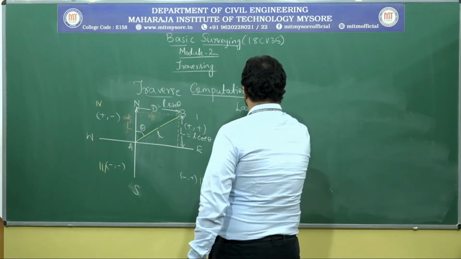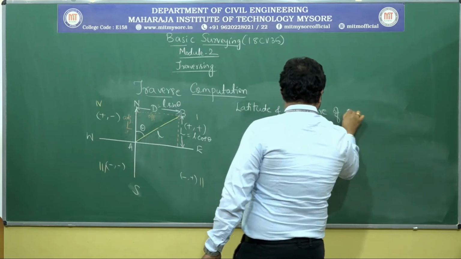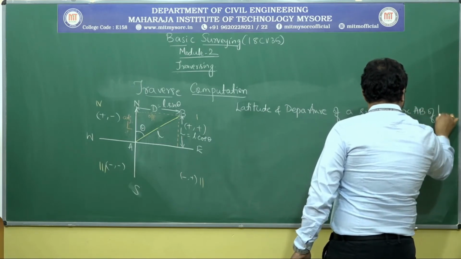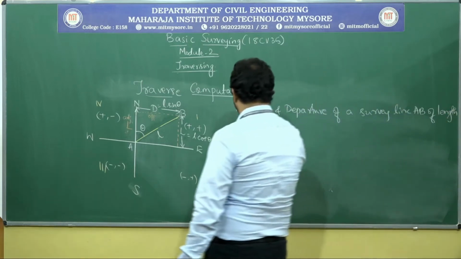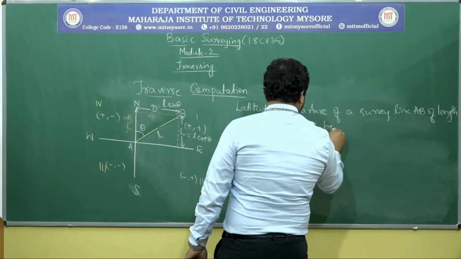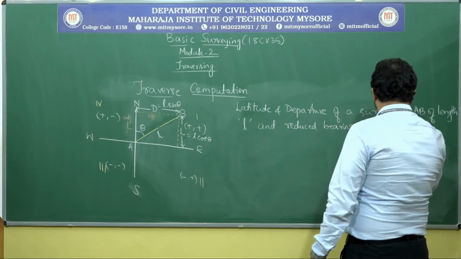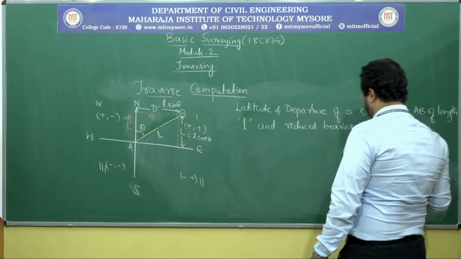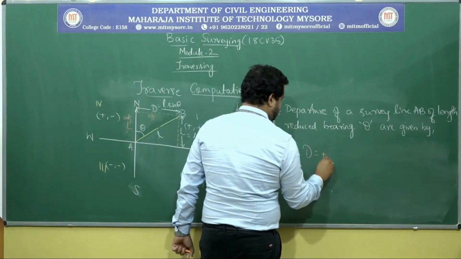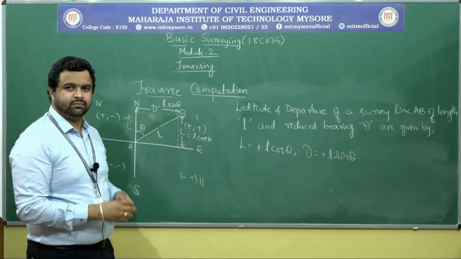Latitude and departure of a survey line AB of length L and reduced bearing theta are given by L is equal to plus L cos theta and D is equal to plus L sin theta, that was written earlier, by using some trigonometric functions.